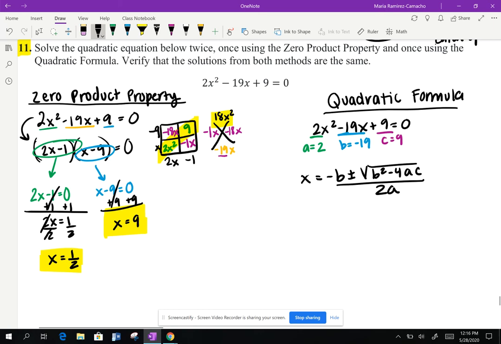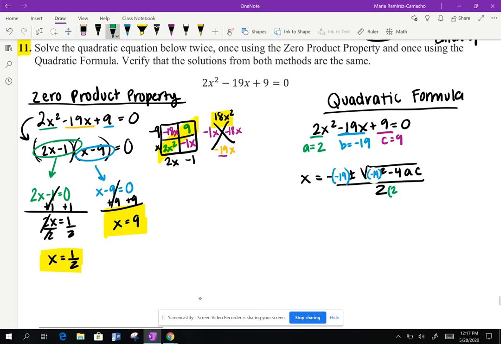And we plug all of these values in. So I plug in negative 19 here, put parentheses around everything that you're plugging in. It makes a difference, especially when you're plugging in a negative number.